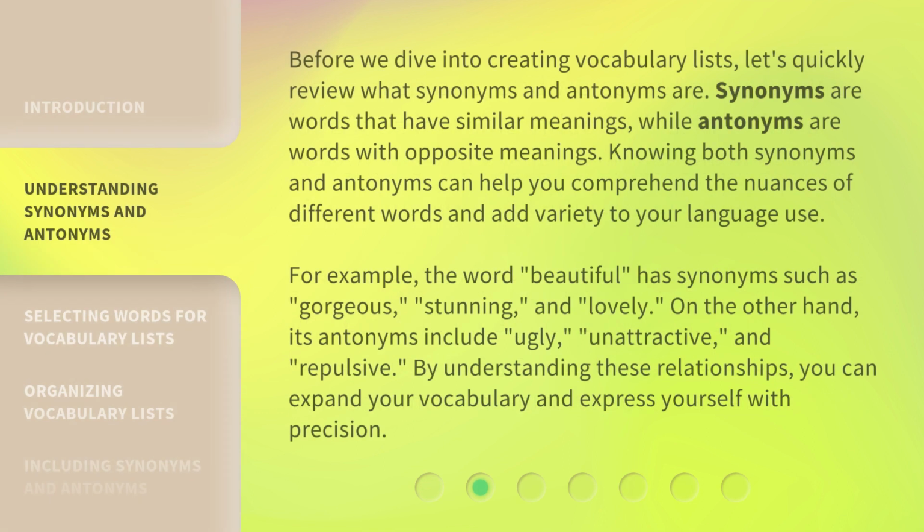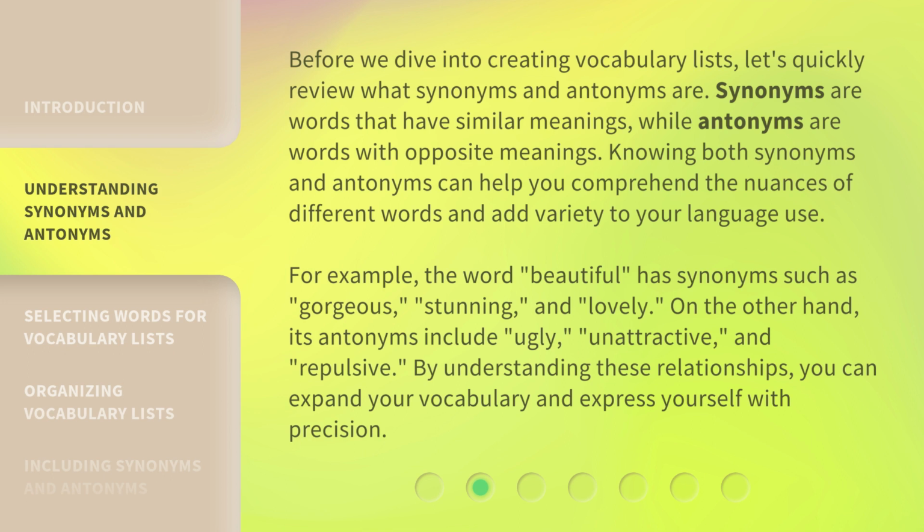Before we dive into creating vocabulary lists, let's quickly review what synonyms and antonyms are. Synonyms are words that have similar meanings, while antonyms are words with opposite meanings. Knowing both synonyms and antonyms can help you comprehend the nuances of different words and add variety to your language use.